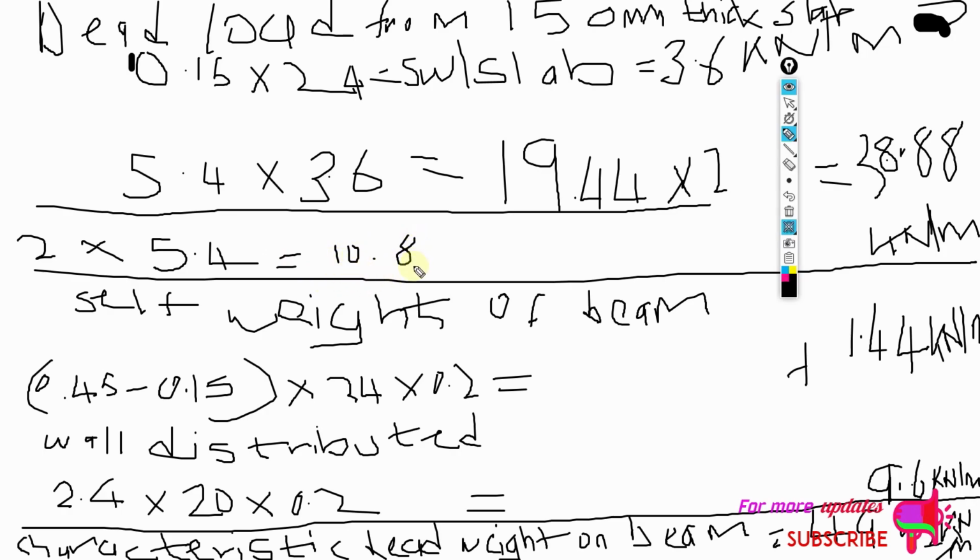Coming from both sides, that will be 21.6 kilonewtons per meter. So this is the imposed load.